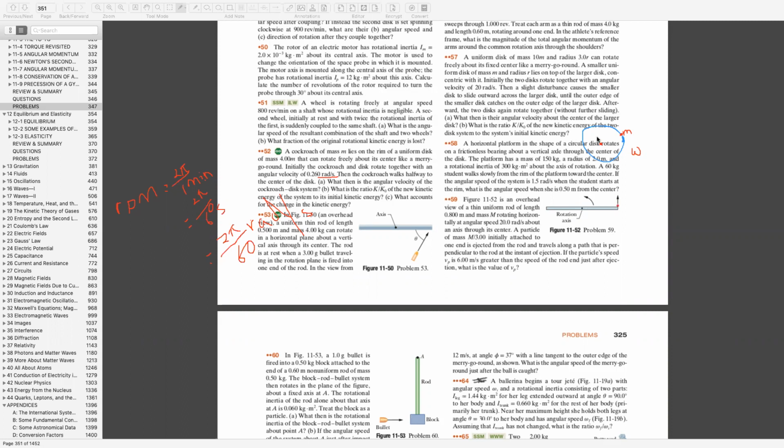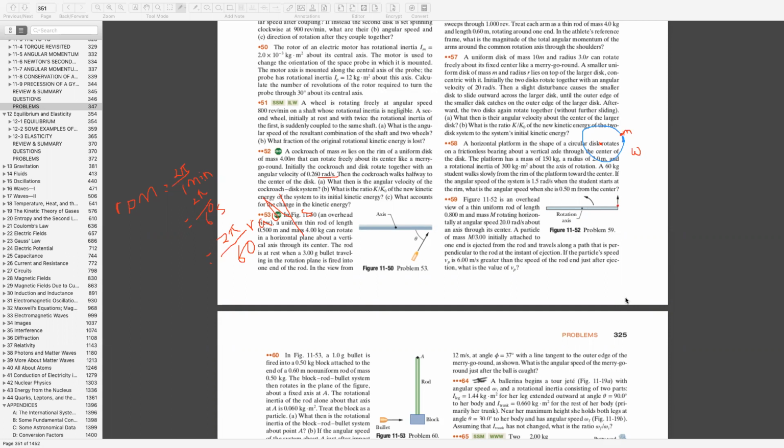When we saw this question, what was the first thing you thought of? What knowledge do they want you to understand? Conservation of angular momentum.